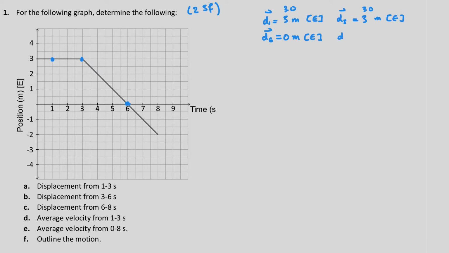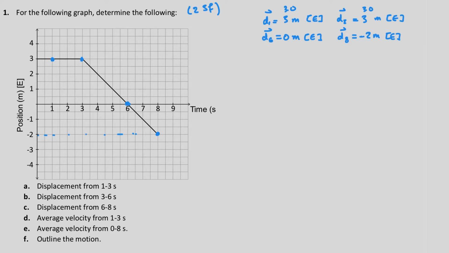And finally, for 8 seconds, our position is at 8 seconds. That's -2, I believe. Yes. So that's -2 meters in the east direction or 2 meters in the west direction.